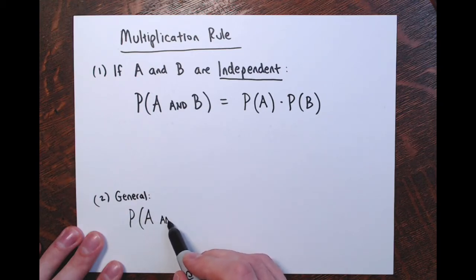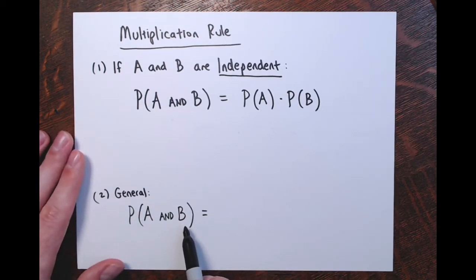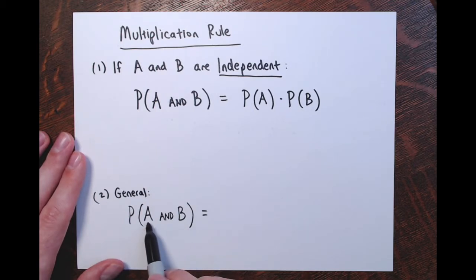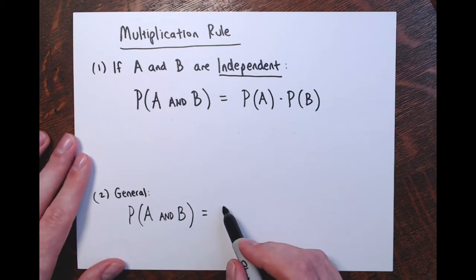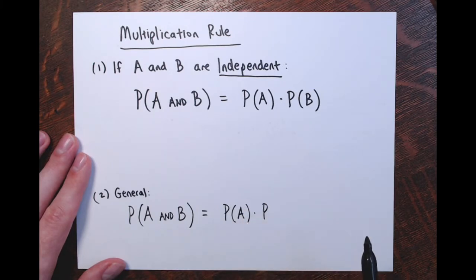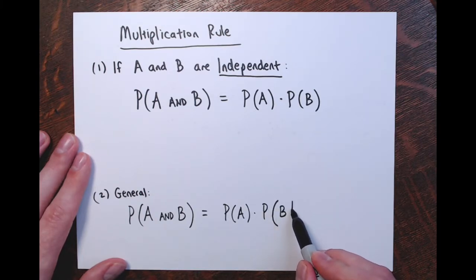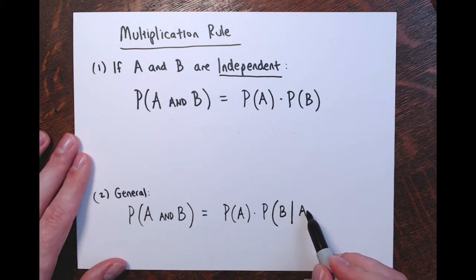The probability of A and B occurring is equal to, I'll pick an event, say A happens first, so the probability of A happening first multiplied by a conditional probability: the probability that B happens given that A has already happened.